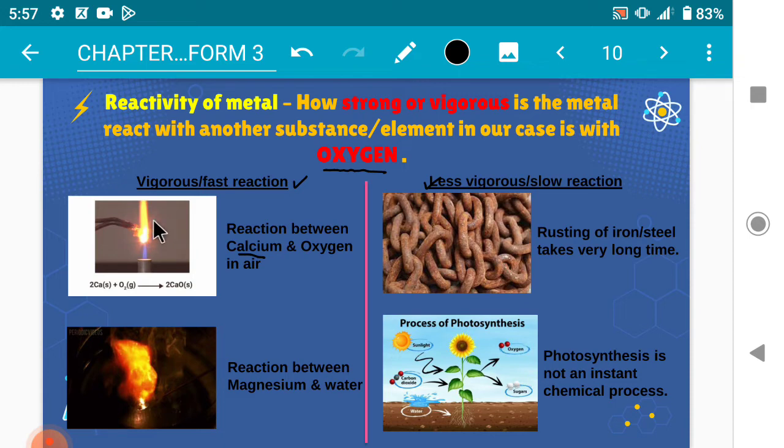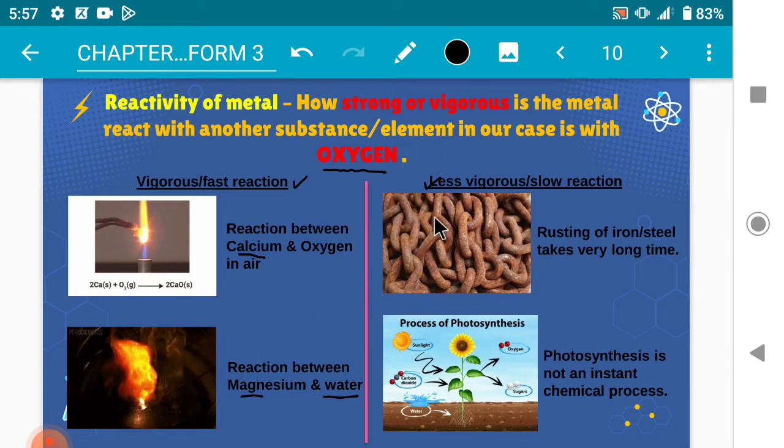The reaction is fast, and the calcium solid will burn instantaneously in air. The same goes for magnesium and water. When you put magnesium into water, it will explode and produce fire, a very bright light due to the burning of the magnesium in water.